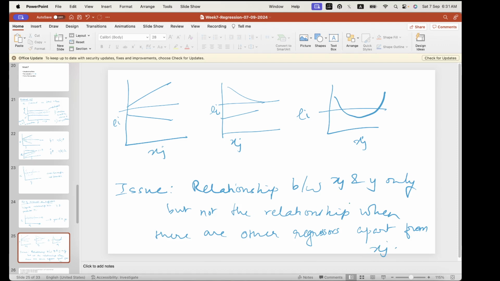So this is mostly useful when we have a simple linear regression, because in that case we just have one predictor variable. But if we have multiple predictors, which is the case in multiple linear regression, then this method comes with its own challenge: this relationship will not depict the true relationship between x_j and y in the presence of other regressors. So it's best to use this method for a simple linear regression.